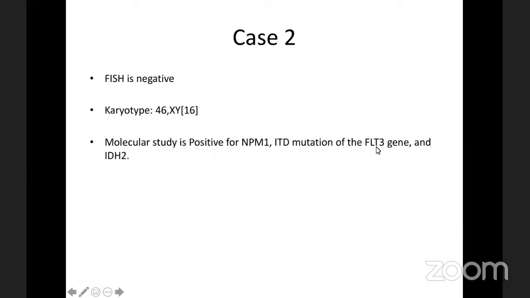The FISH was negative, the karyotype was within normal, male karyotype, and the molecular study detected positivity for NPM1, ITD mutation for FLT3, and IDH2. So the patient was diagnosed as a case of acute myeloid leukemia with mutated NPM1. And I think a couple of you I saw in the Q&A got the finding of expected NPM1 mutation from the morphology and the flow cytometry.